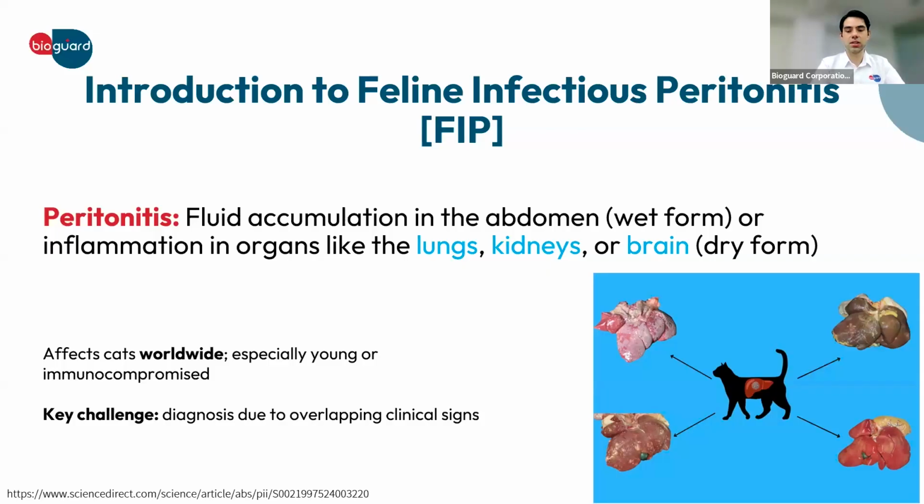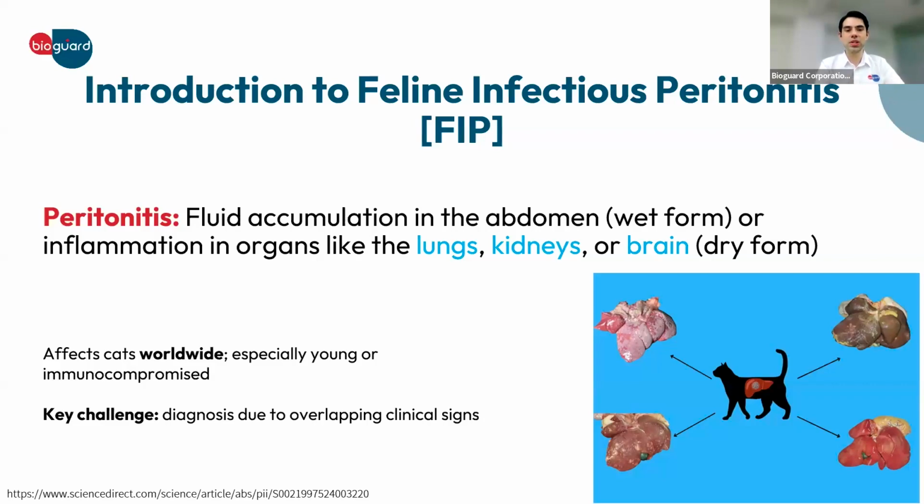But as we know, the prevalence of this disease is present worldwide, especially in young kittens and immunosuppressed cats. The key challenge is always the diagnostics, because it always overlaps with the clinical signs of other diseases.